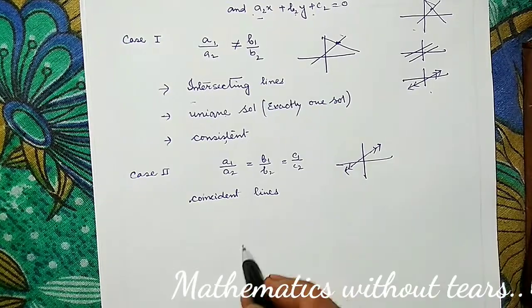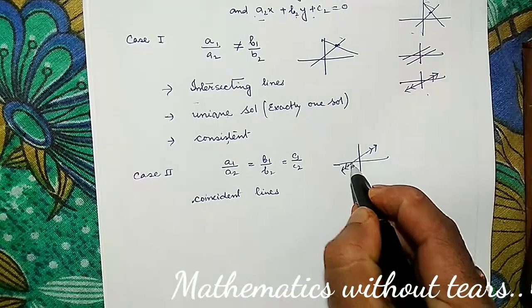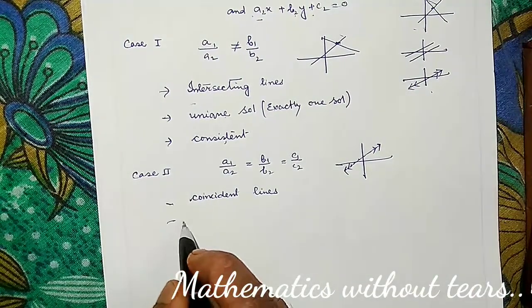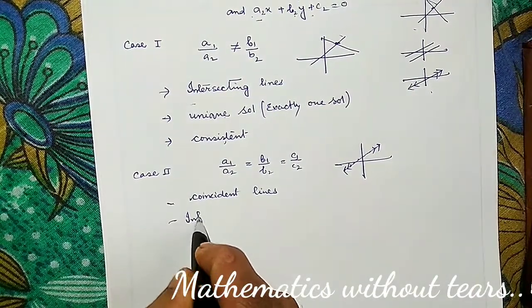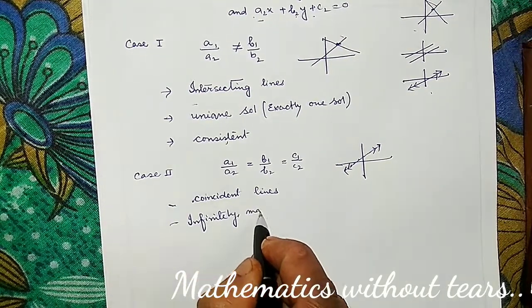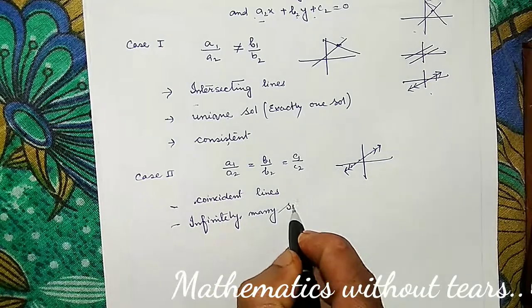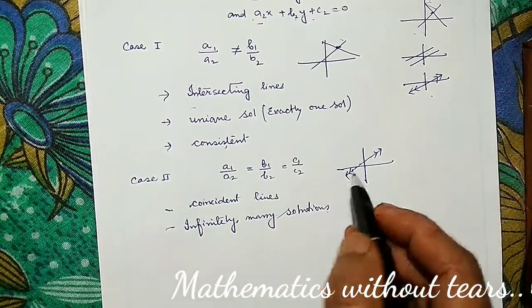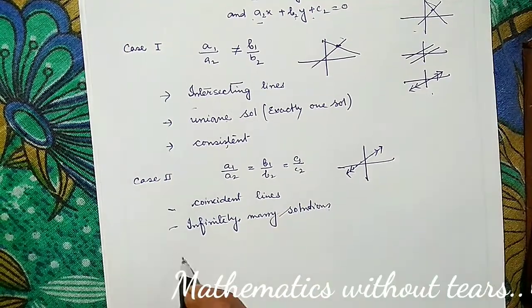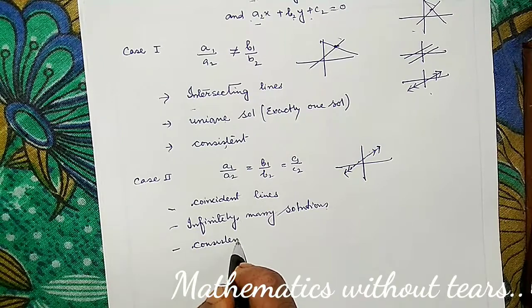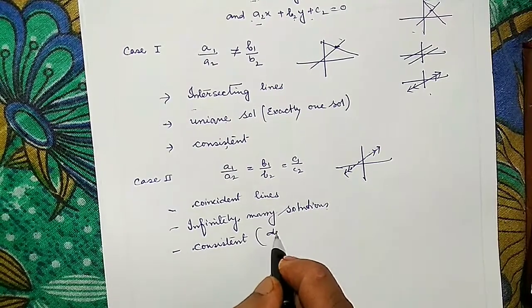They are called coincident lines. And here all the points are solutions, that means there are infinitely many solutions. Clear? And here also, since we get at least one solution, we say these are consistent, though dependent.